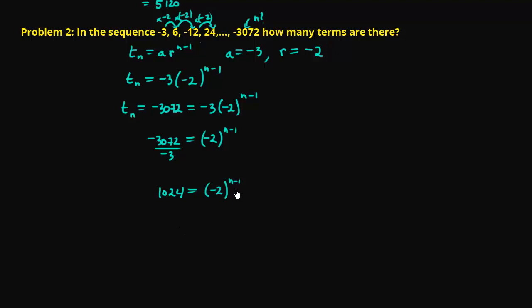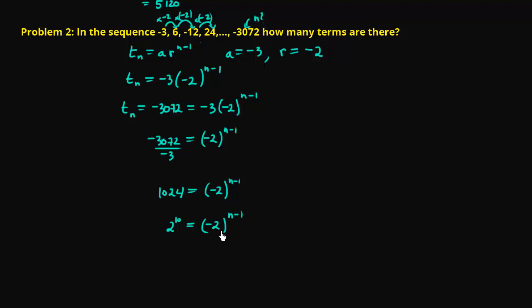So the question is, what is n here? And to figure out what n is, we've got two choices. We could use logarithms technically here, or we can just rewrite the left side such that it has base 2. 1024 is 2 to the power of 10. So we've got 2 to the power of 10 is equal to -2 to the power of n minus 1.